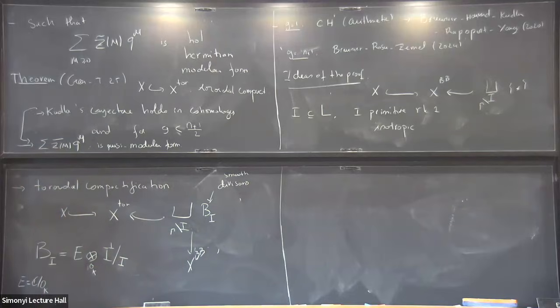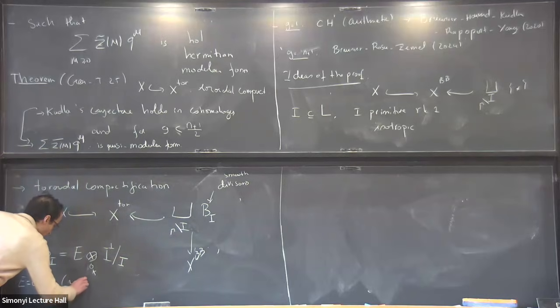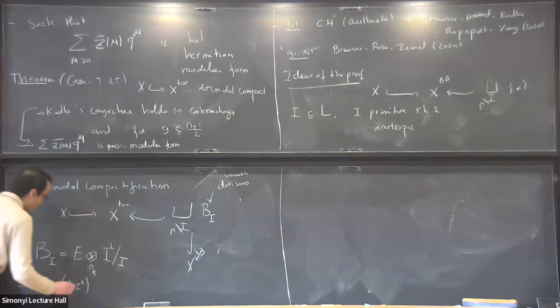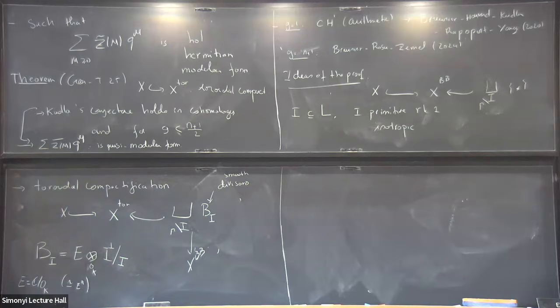If I-perp mod I happens to be free of rank n over OK, this will just be isomorphic to E to the power n, an n-fold copy of a CM elliptic curve. In general, I-perp mod I is not going to be a free OK module. There's going to be some class number involved, so it's almost like this. So these are the boundary divisors.